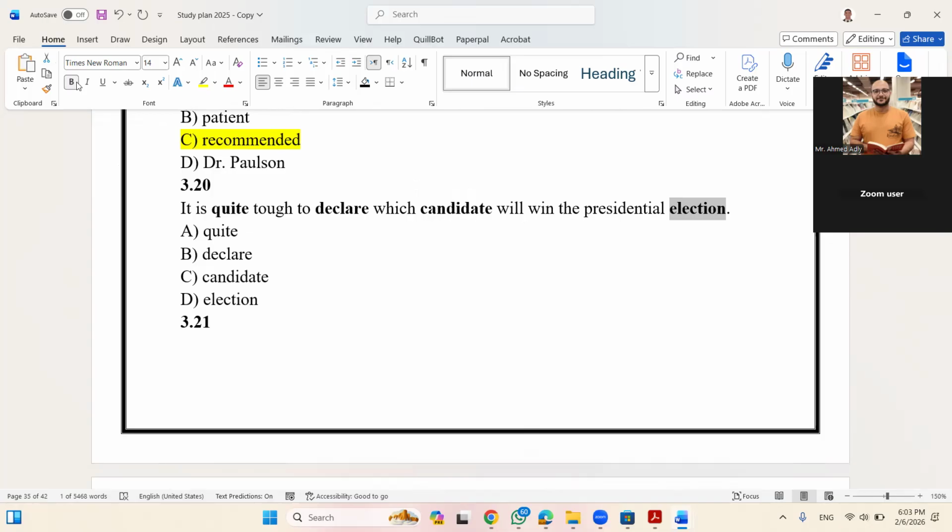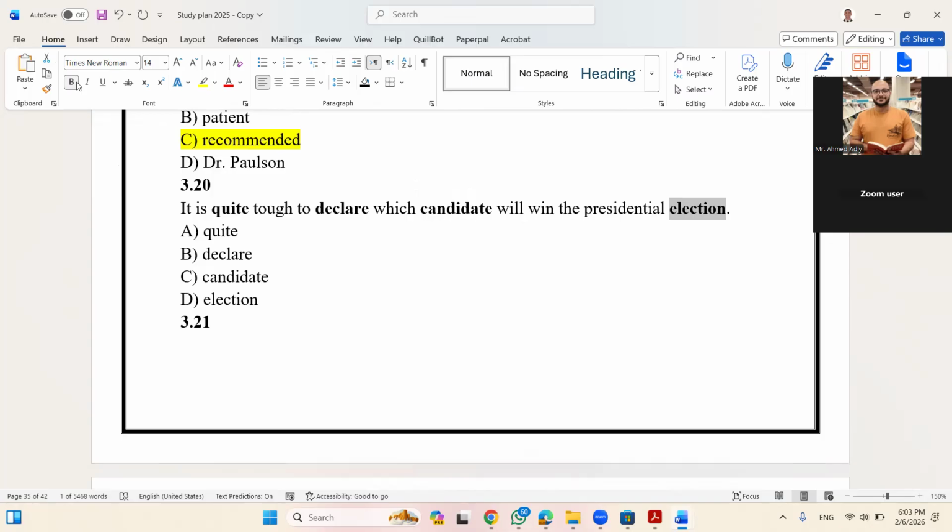I need to do something. Most of the time, look at the verbs. Declare. Test it, replace. It is quite tough to decide which candidate will win the presidential election. Good.